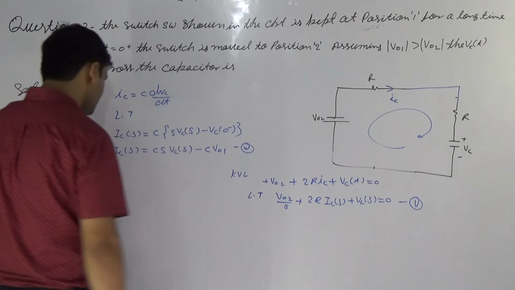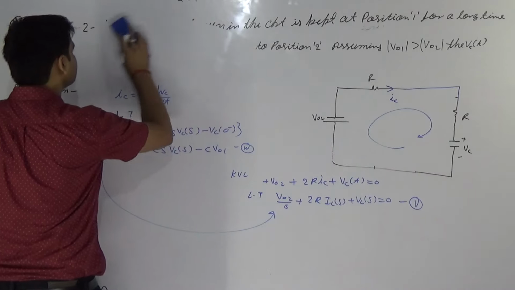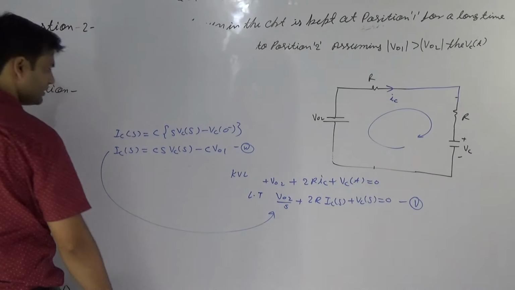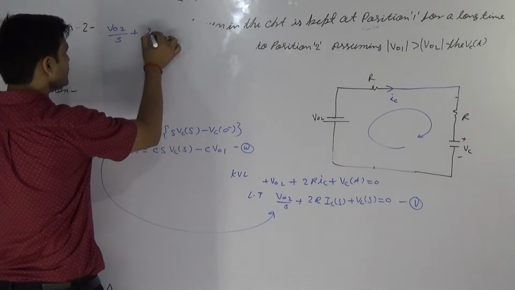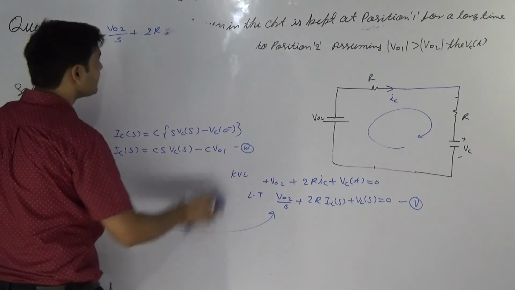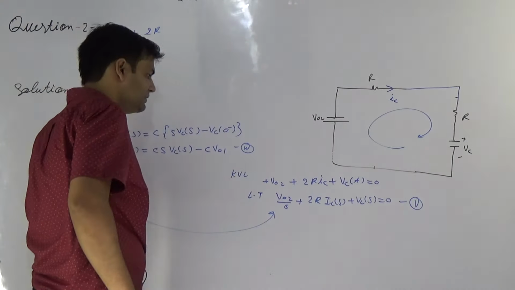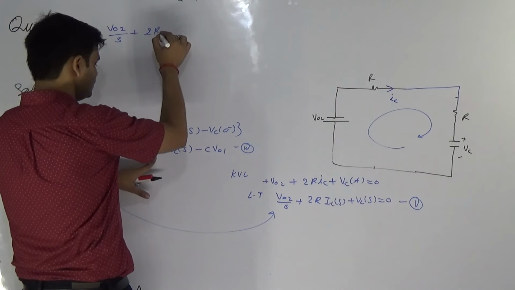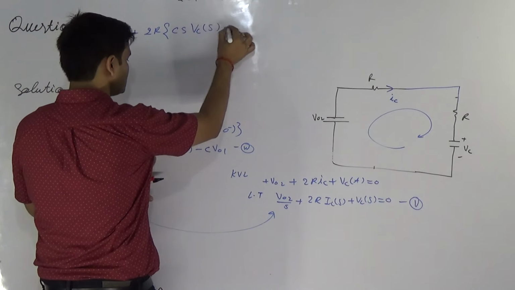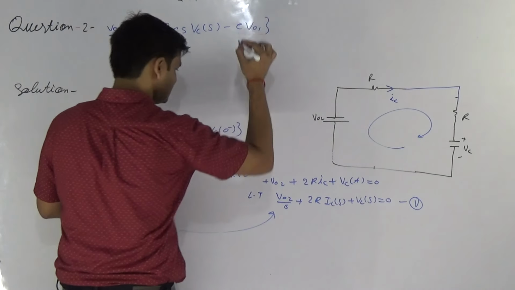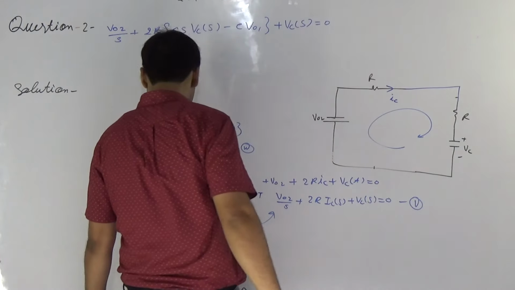This is equation number 2. Putting this value in equation number 1: V02 divided by S plus 2RC S into VC(S) minus C V01, plus VC(S), will equal 0.